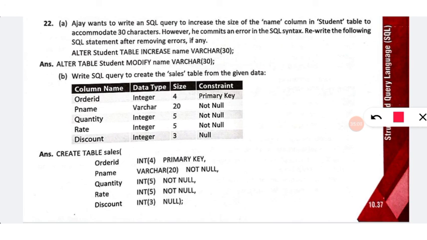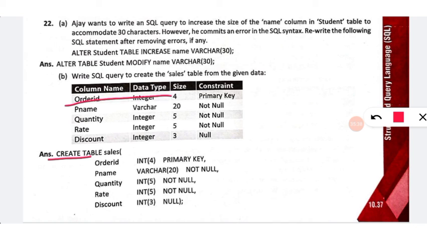Write create table, table name, that is sales, then bracket open. You can write it in a single line itself, no need of writing in multiple lines. Then the first column order ID, its data type int, you can write either int or integer, then its size in brackets 4, then given primary key, so write primary key.